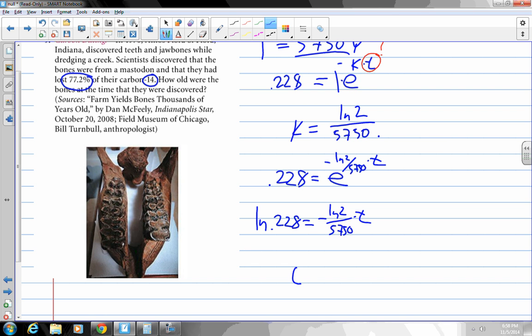So t will equal negative 5750 natural log of 0.228 over natural log of 2. I'll plug that in the calculator, and I'll get some kind of number. I think we did it with the other class, it's 12,246 years, or something close to that.